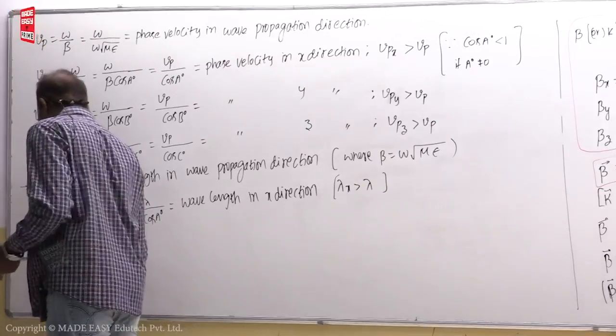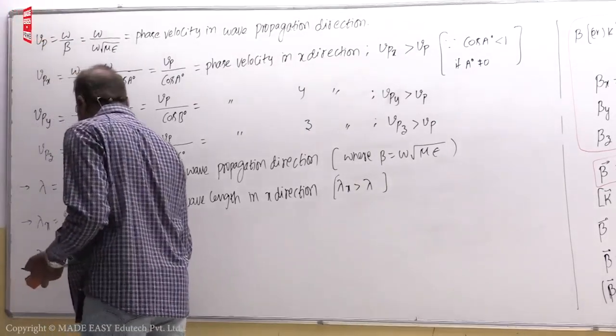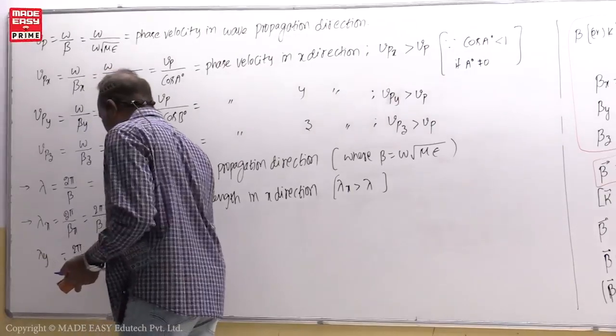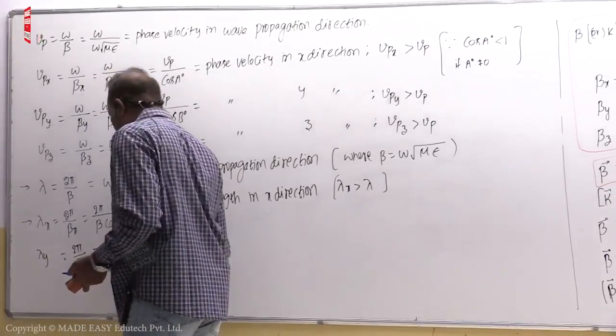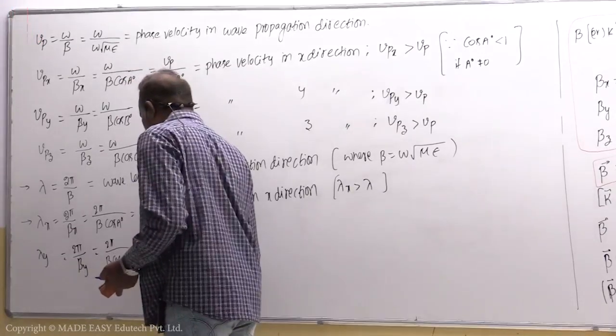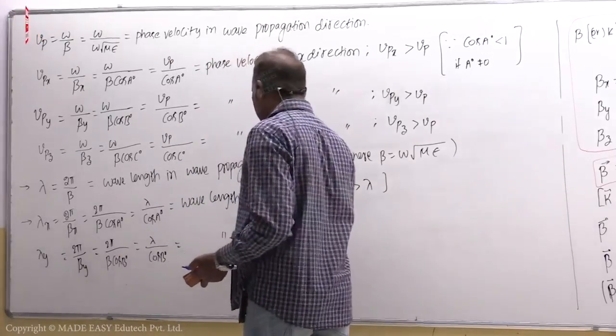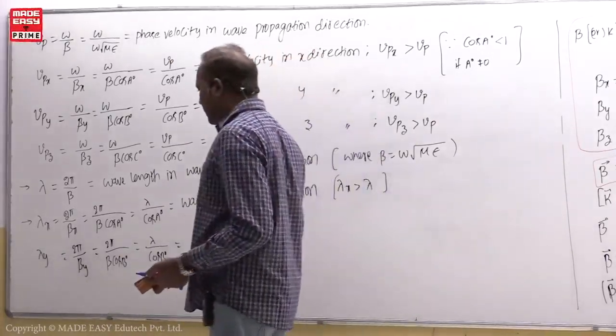Similarly, lambda y is 2 pi by beta y. So 2 pi by beta cos b degrees, that is lambda divided by cos b degrees. So this is the wavelength in y direction.